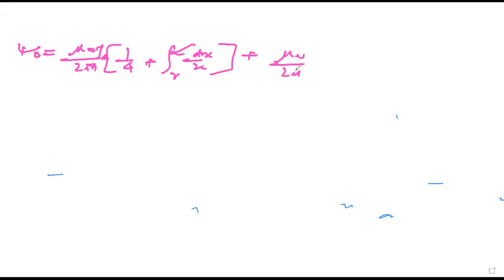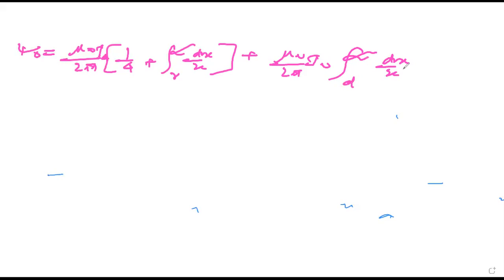This will be mu naught by 2 pi times 1/4 plus integration R to infinity dx by x. This is due to your Ia, plus mu naught by 2 pi, this is IB, and it will be integration d to infinity dx by x. Whether it is clear or not?